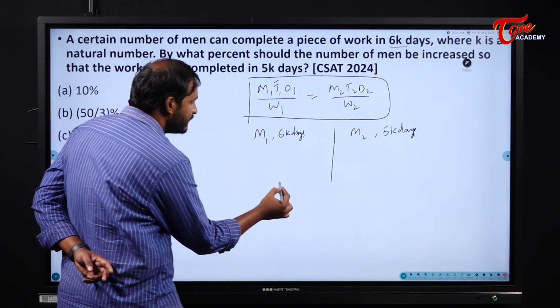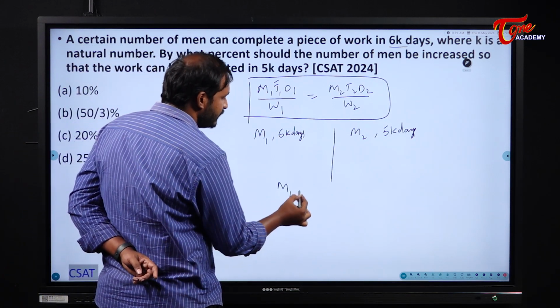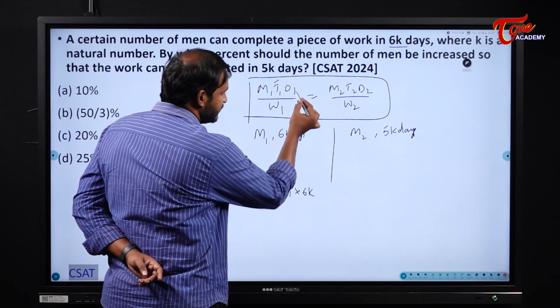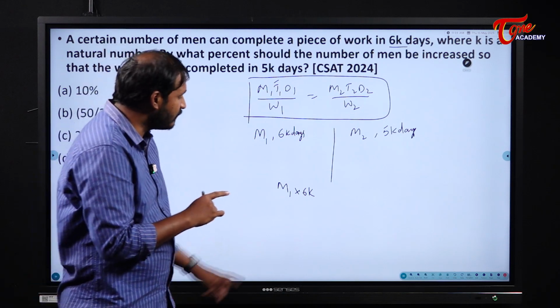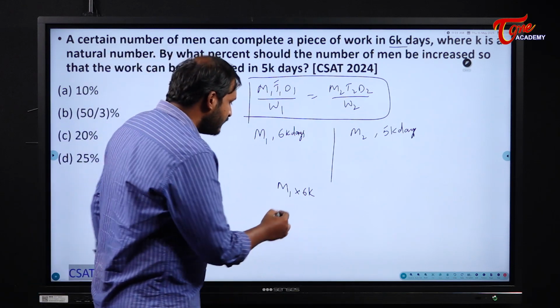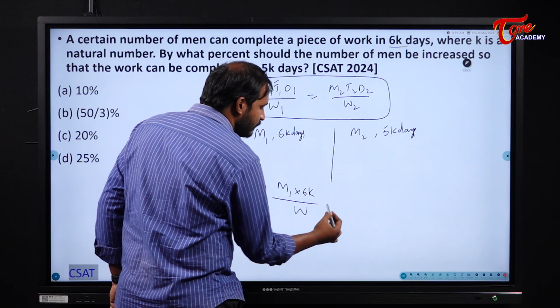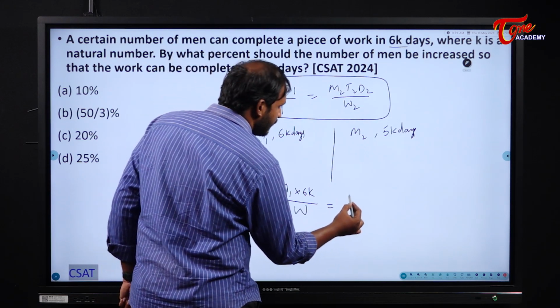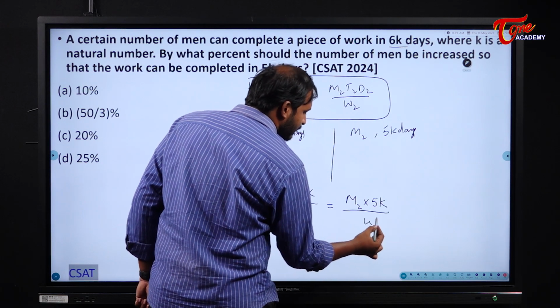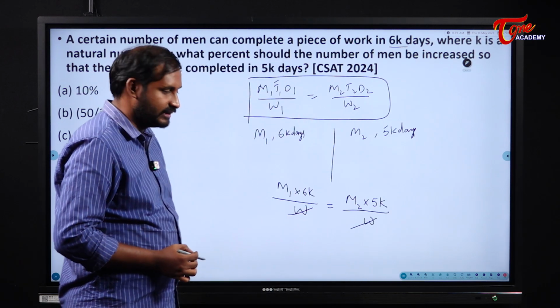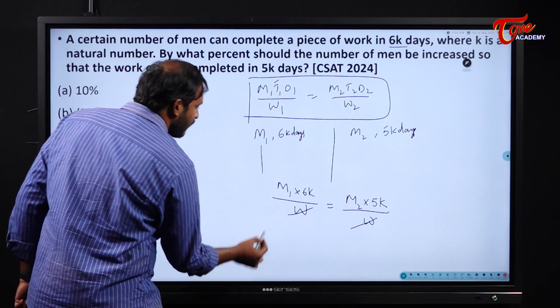So M1 into 6k, directly days, not hours. If they had mentioned hours, I would have written them here. By the work, which is the same constant work W, and M2 into 5k by the same work W. Anyway, W will get cancelled.